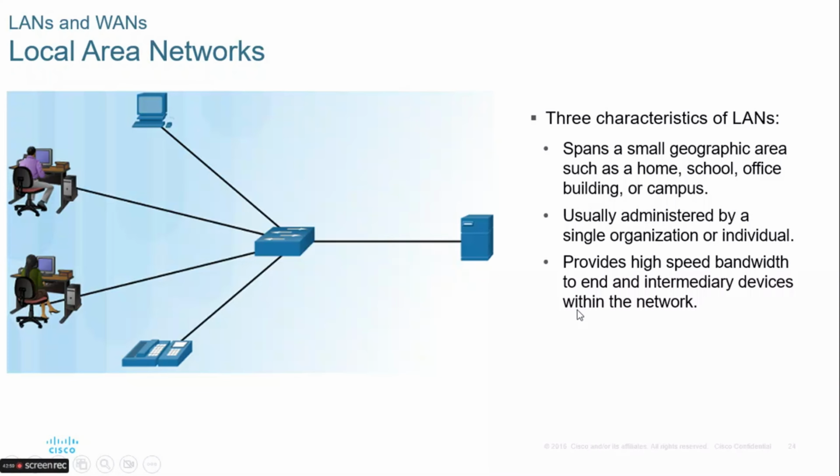It also provides high-speed bandwidth to end and intermediate devices within the network, because the network is not overwhelmed. If just 2 people have access to this server, the server can work fast for you.